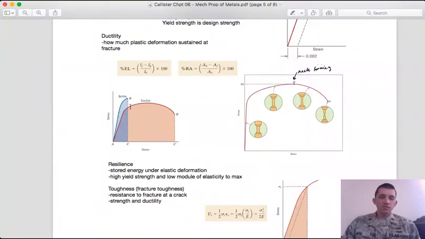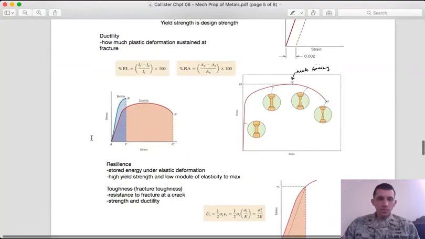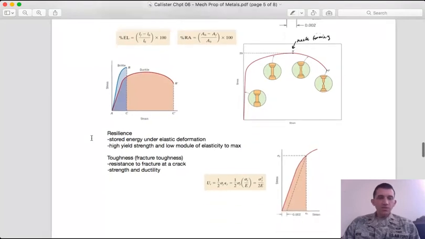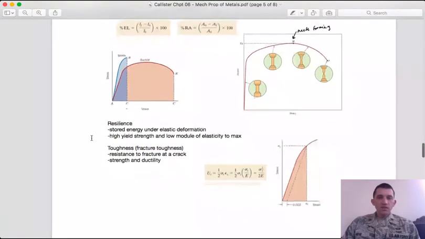Ductility refers to lots of plastic deformation, so you should see a very wide range of strains after the onset of plastic deformation. A ductile material will stretch for a long time before fracture, as opposed to a brittle material where you have the elastic region, very little deformation, and then fracture. And so some degree of ductility is generally desirable, even if you need to trade off a little bit of strength to get it.